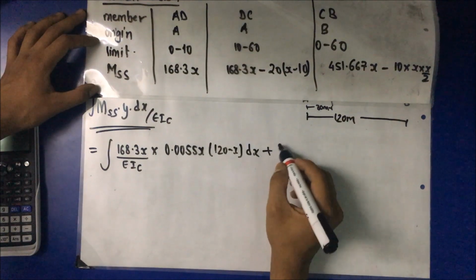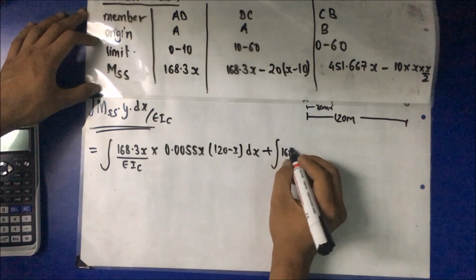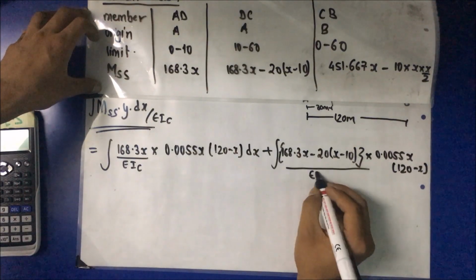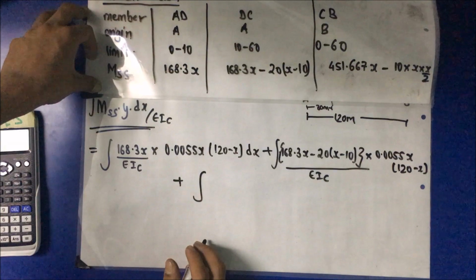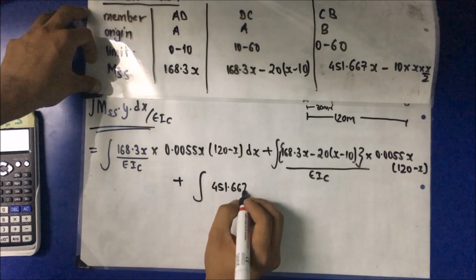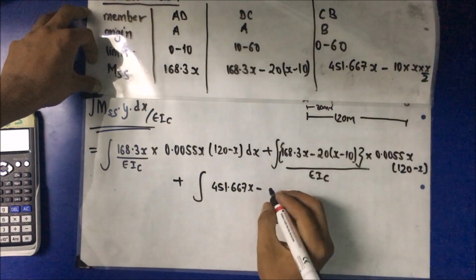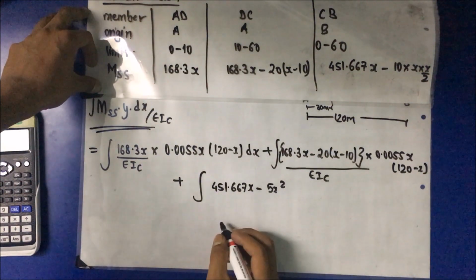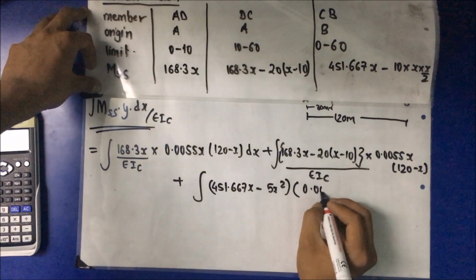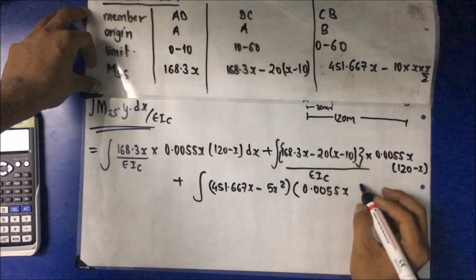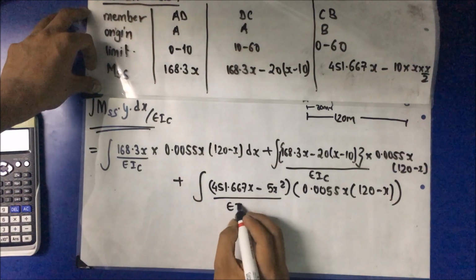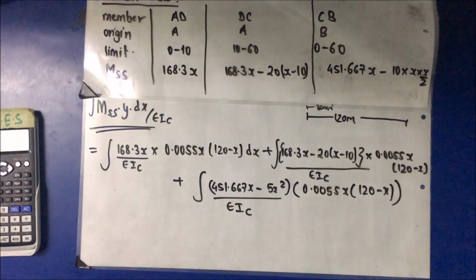So for the next portion, and finally we have for CB, which is 451.667x minus 10 divided by 2, so it will be 5x square, and similarly for y it is 0.0055x (120 minus x) divided by EI_c.